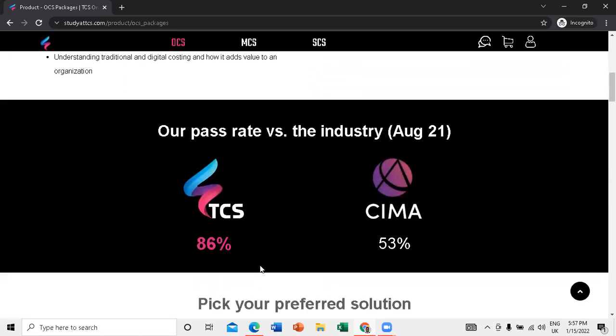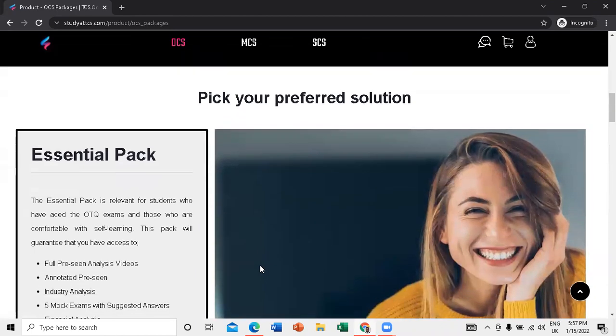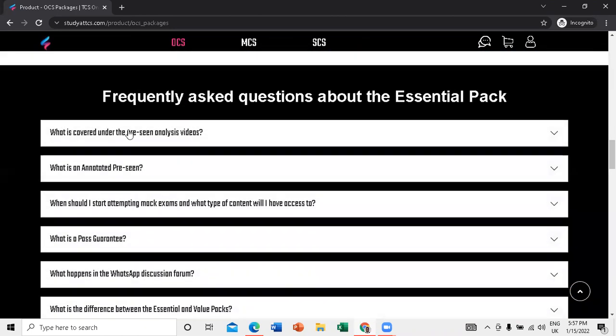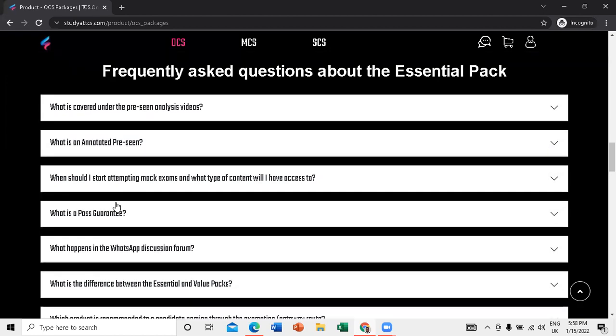You can go through the product packages as well. The essential pack is here, and go through the FAQs, because after going through them, you will be in a position to figure out what type of services we provide.